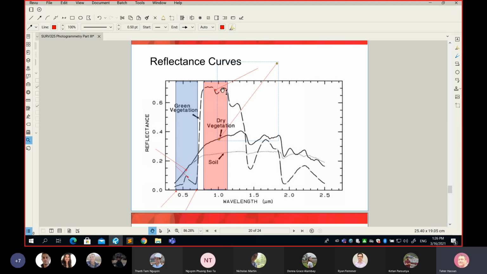When you have vegetation which is watered, it looks like this, while dry vegetation which is stressed and needs to be watered will look completely different. That's why we can use satellite images to collect remote sensing information about the object.